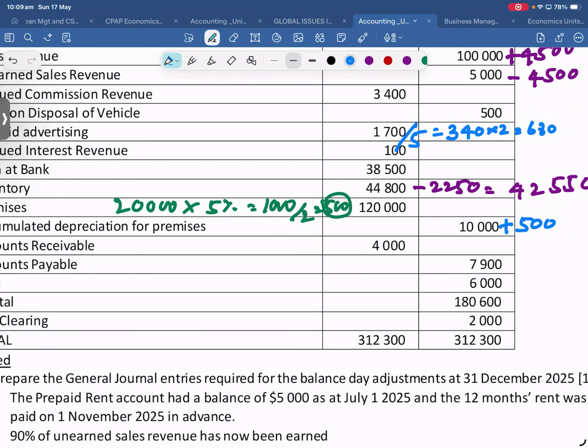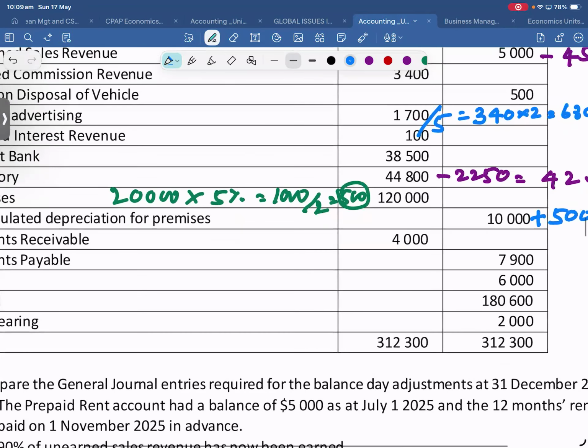So these workings, guys, please do it in your paper or somewhere, anywhere you want. Because later if you come back and check it, you should be able to know how you got the figure. So this one is 680.